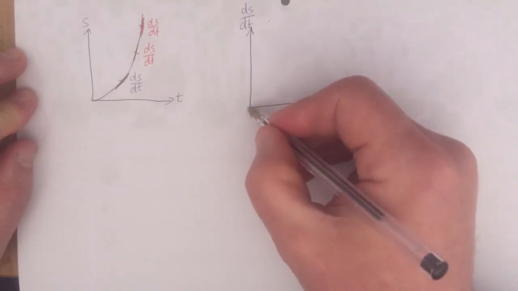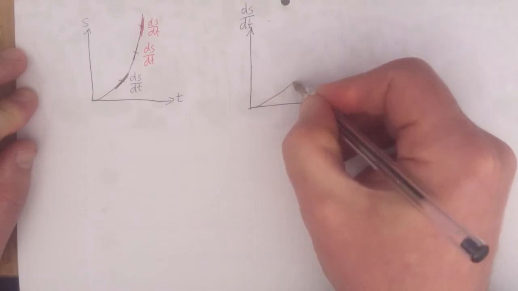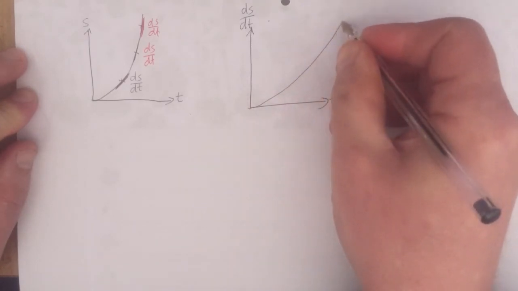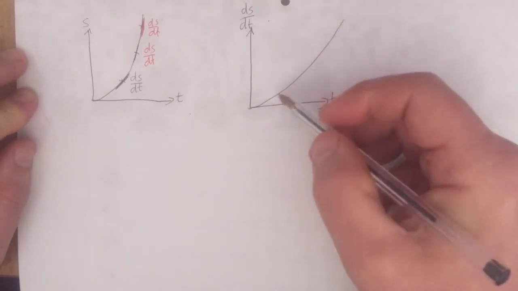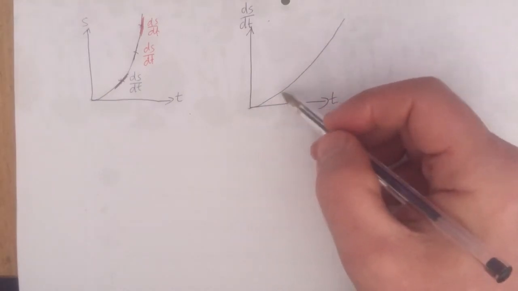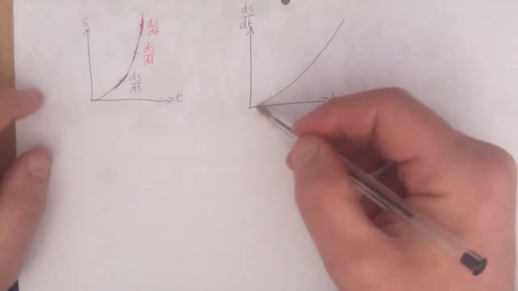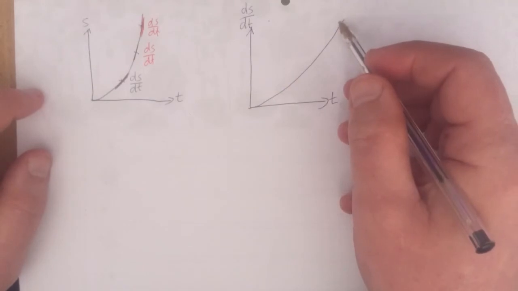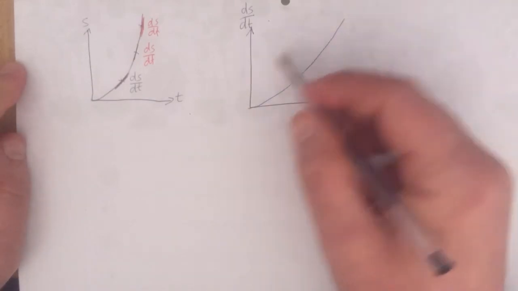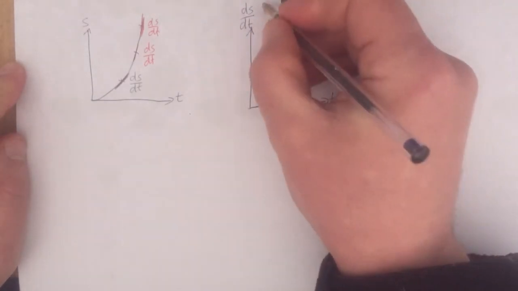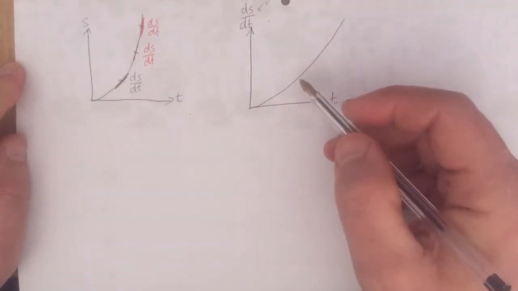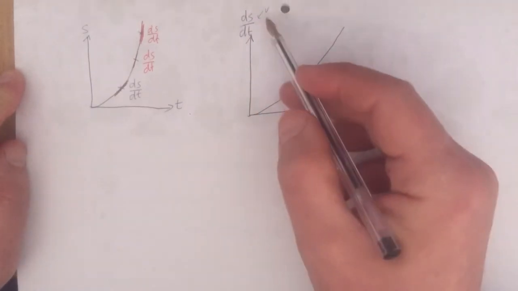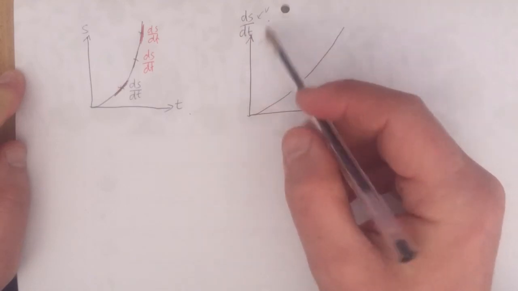So if I draw the graph like this, then the gradient's going to be increasing too. It could be a constant increase, or in this case I've made it a slight curve, but there's an increase in the gradient over time. And this is the velocity here. We're not going to worry too much about that, but this is actually the velocity too.